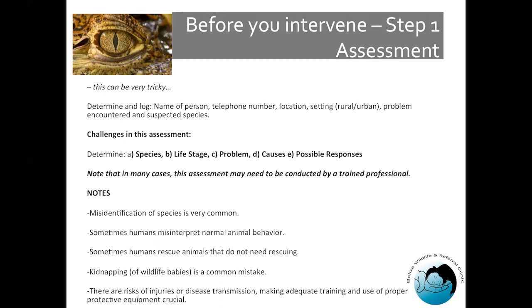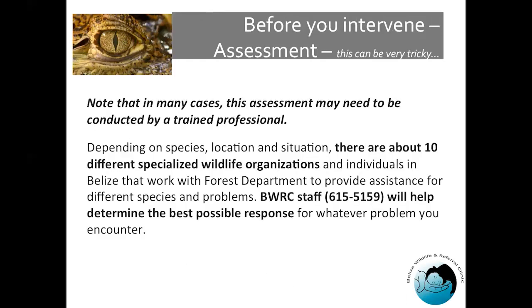So training for protective equipment for every species is really crucial to be able to do this safely, after having learned enough about the biology, behavior, and basic health assessment of every species. So again, this may need to be conducted by a trained professional.